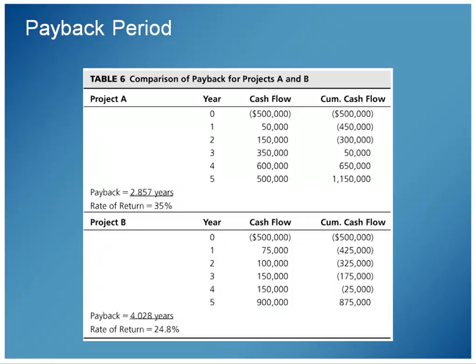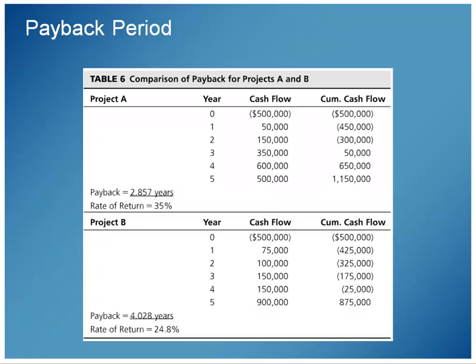This is from our book, where in the first year we're spending $500,000. But after the first year, at the end we've saved $50,000. The cash flow has been in the positive. We've earned $50,000 because of our investment in this project. In year 2, it's $150,000. Year 3, it's $350,000. Year 4, it's $600,000. In year 5, it's going the other direction, but still $500,000.